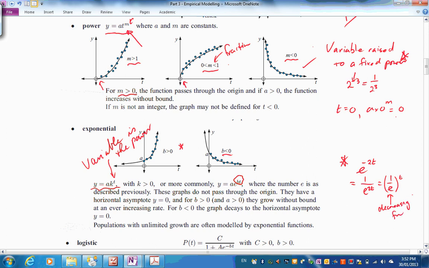Now, this is the first time we've seen the number e, and Hayes and Harris say they've described it previously. Well, I haven't got this on here, so I'm going to say that e is a very, very important base power. It's between 2 and 3 in size, and it's called the exponential. So it is very important. It's an irrational number, it keeps going.